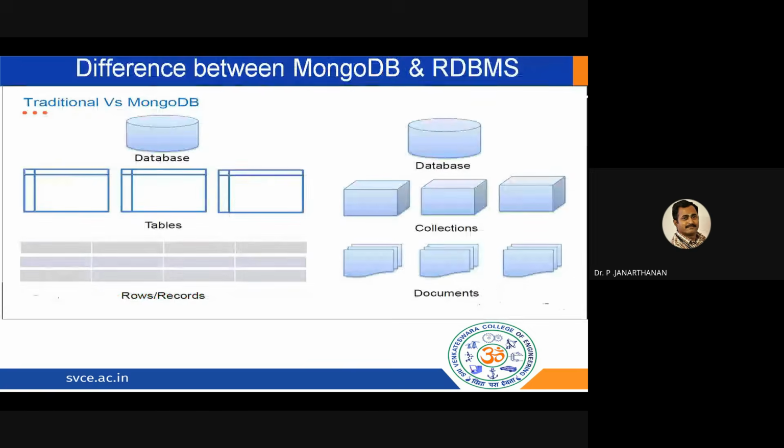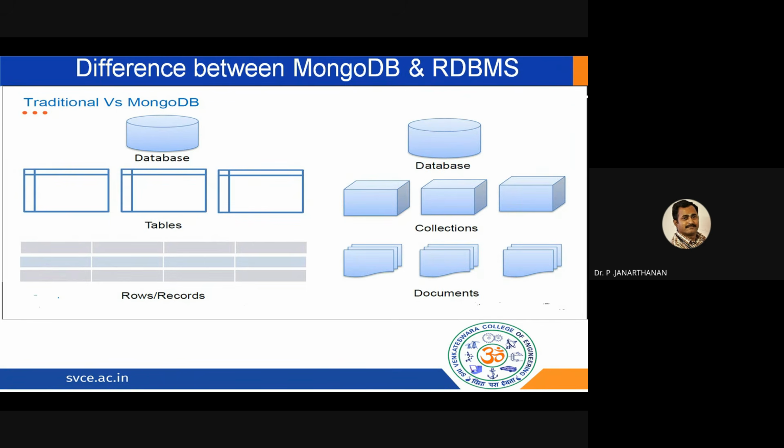First, we need to know the terminology we are using in a normal database and in the MongoDB database. In RDBMS, we call a database a database, and in MongoDB we call the same term database. Next, RDBMS stores the data in tables, a collection of rows is called a table.